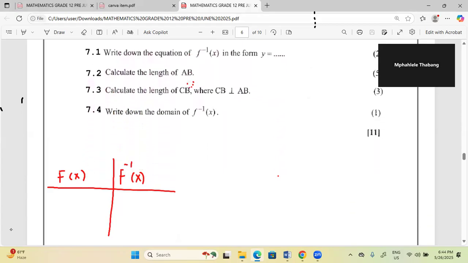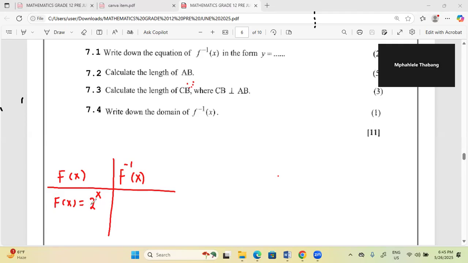Okay, so if you look at f of x equals 2 to the exponent x, they are looking for the equation of the inverse of f. How do we find the equation of the inverse of a function? The first step, we swap y and x.